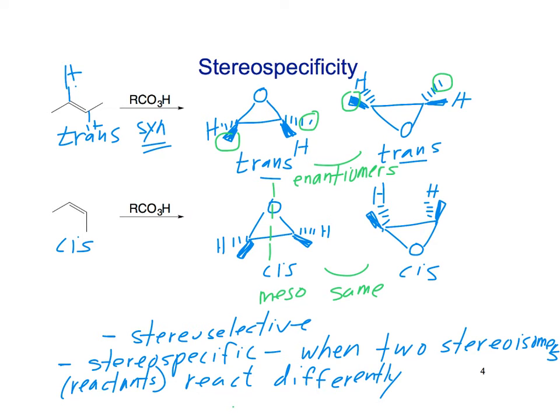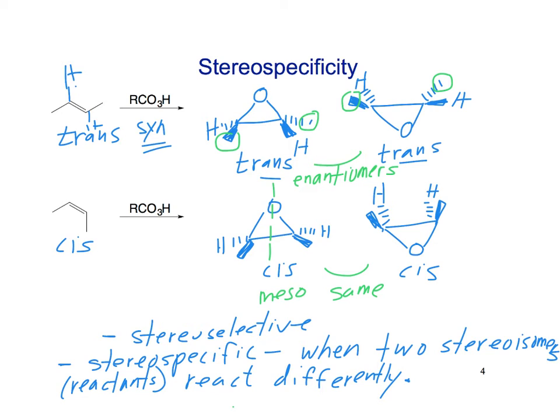In this case, what they're doing is they're giving us different products. Trans gives us this pair of enantiomers that are trans, and cis gives us the meso-cis compound. So the stereoisomers that are reactants react differently to give different products.